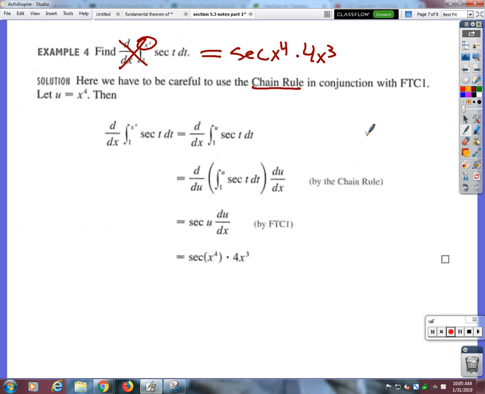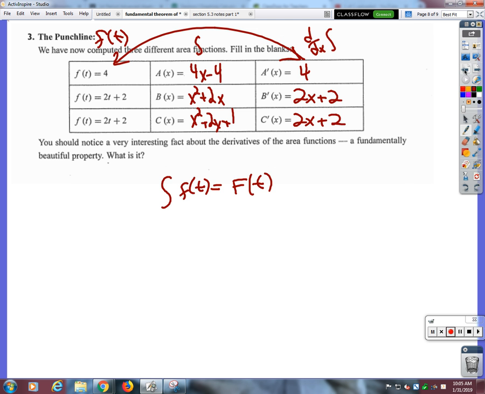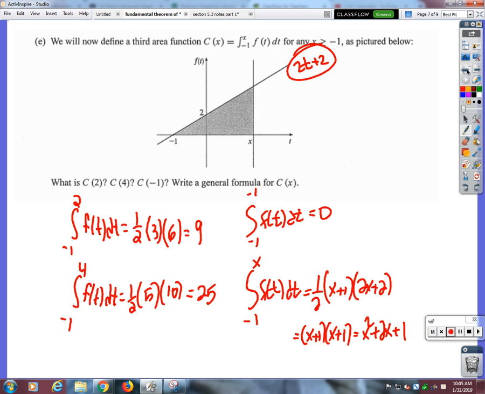Okay? What's that? From 1 to x to the 4th. Okay? And Maggie asks a really good question also, is that a 1 or a 2? That doesn't matter. Because remember when we were back here, that's why they changed this up, to show that in this case right here, we went from -1 to this line.